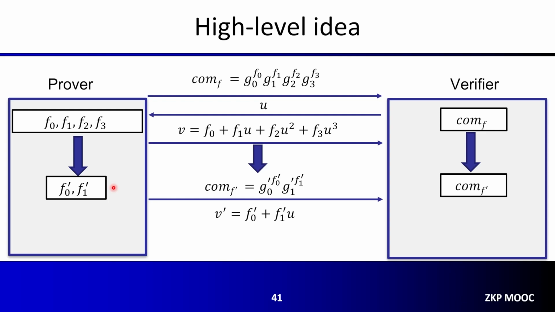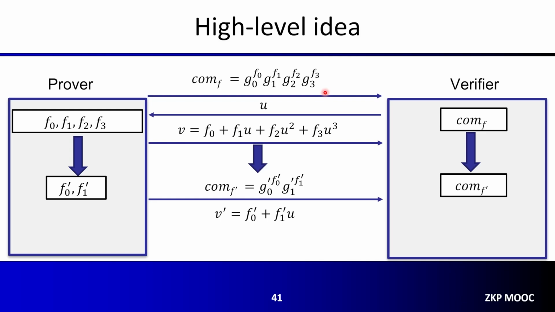And finally, if we don't care about the zero knowledge for the time being, then in the last round, the prover can just send this constant size polynomial to the verifier directly, and the verifier opens the polynomial and checks that the evaluation of the last round is indeed true. And that completes the entire reduction and guarantees that the original evaluation of this v for this polynomial of degree 3 is actually correct. So that is the high-level idea of this Bulletproof.